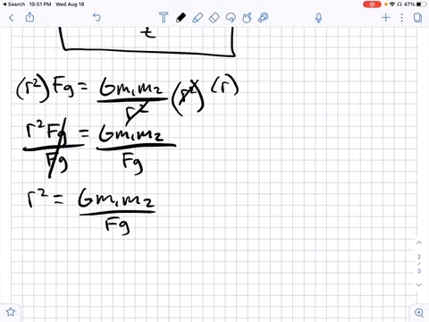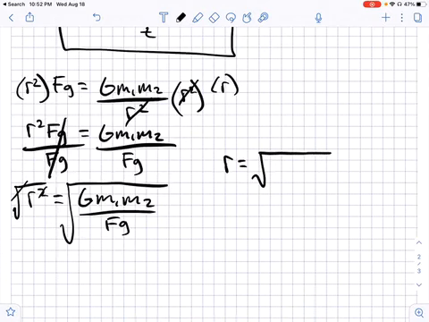The last step is to get rid of that exponent, and the opposite of that is square root. All of that will have to go into the square root. So that cancels. So r is going to equal the square root of G m1 m2 all over fg.